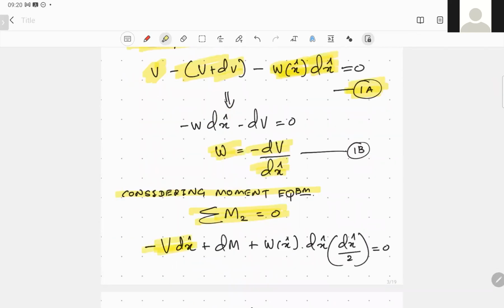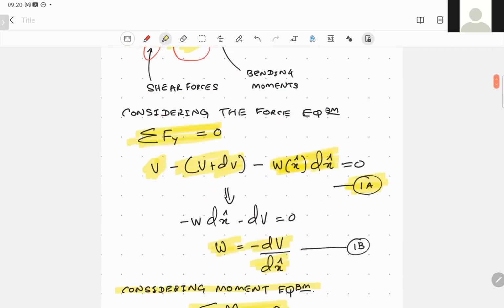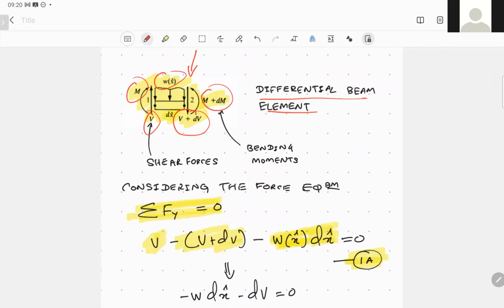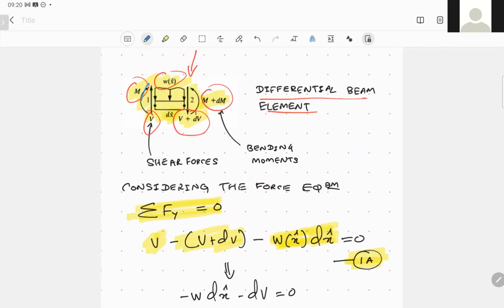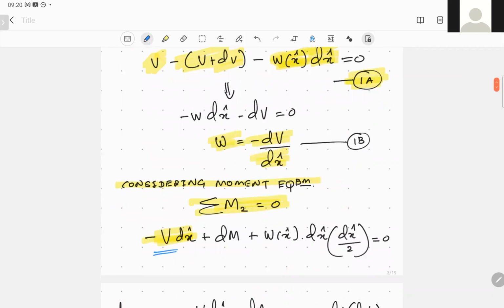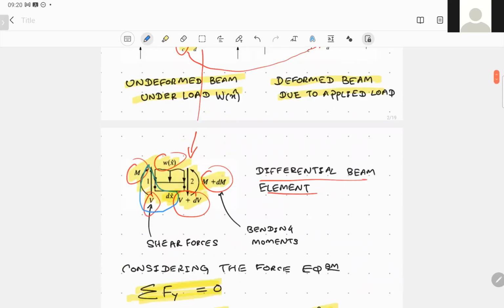It is the shear force times the dx value, negative because it is acting in the anti-clockwise direction. And dM is in the positive, clockwise direction.